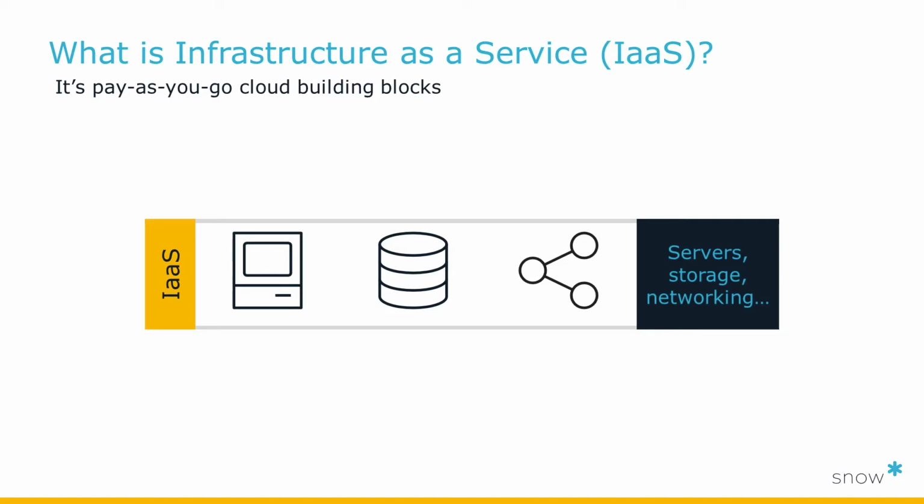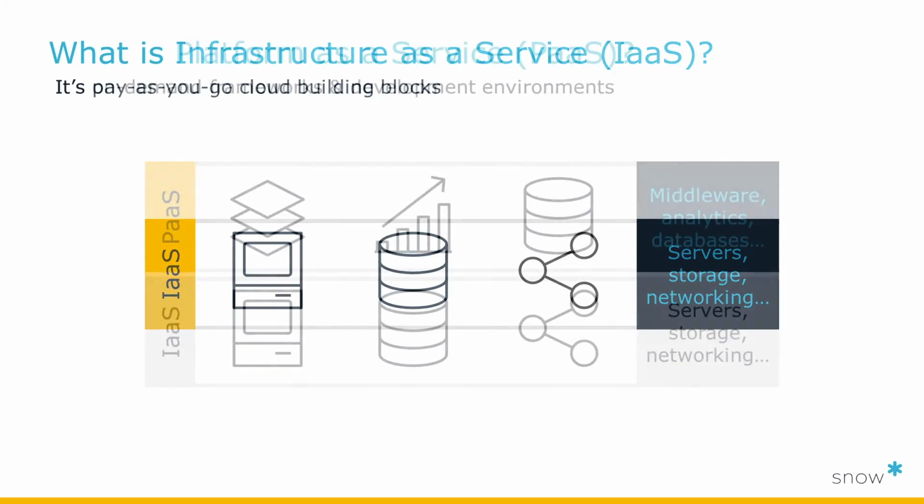With IaaS, you still access your servers and data directly, but through a virtual data center in the cloud. Most cloud providers' initial offerings were IaaS. Advantages of IaaS include flexibility, increased scalability, fault tolerance, performance, and cost efficiency. Some examples of IaaS providers include AWS, Microsoft Azure, Google Cloud, Linode, DigitalOcean, Cisco, etc.